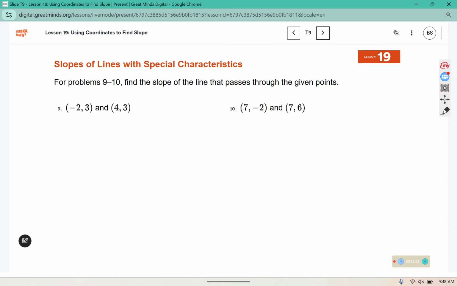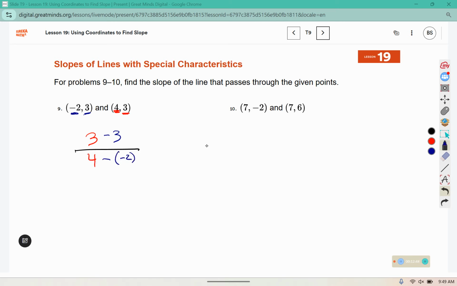For problems 9 and 10, find the slopes of the line that passes through the given points. So y2 minus y1 divided by x2 minus x1. 3 minus 3 is 0. 4 plus 2 is 6.